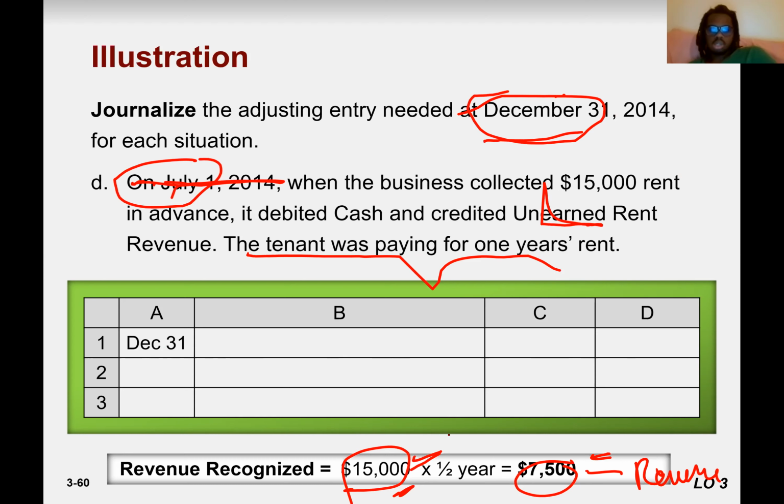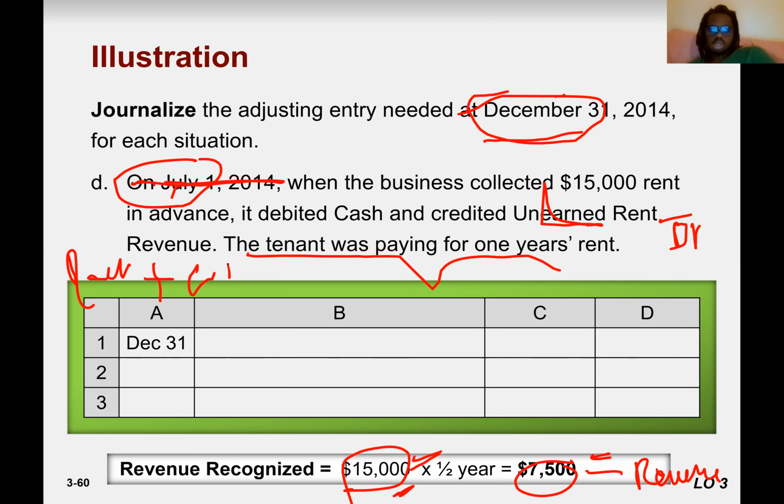So there is going to be a decrease in liability. Decrease in liability means debit, right? When the decrease in liability is debited, what would we create? Revenue, only rent revenue, revenue increase, credit.